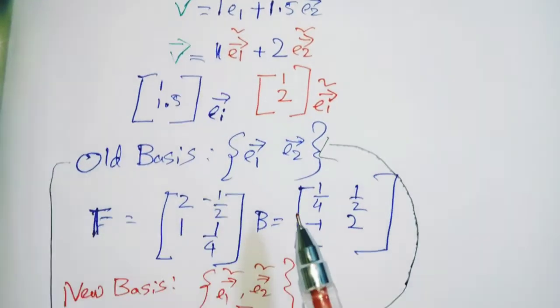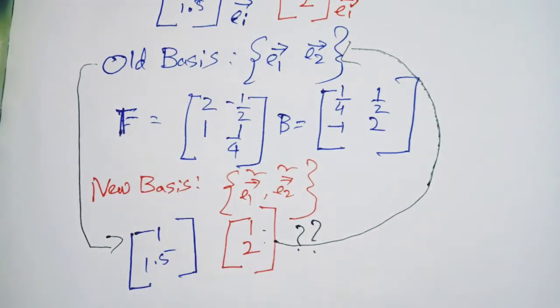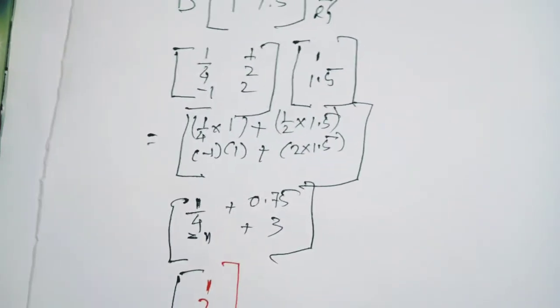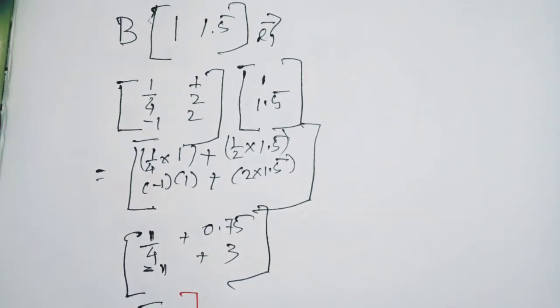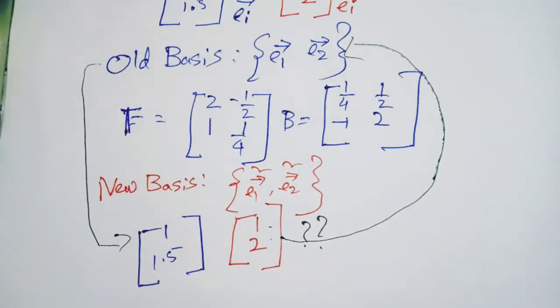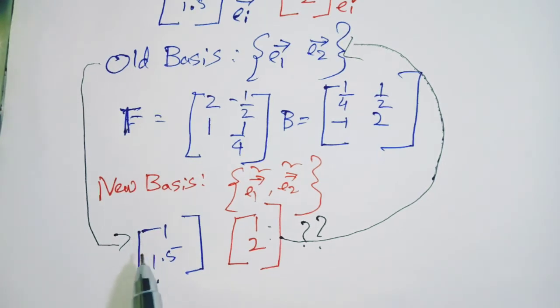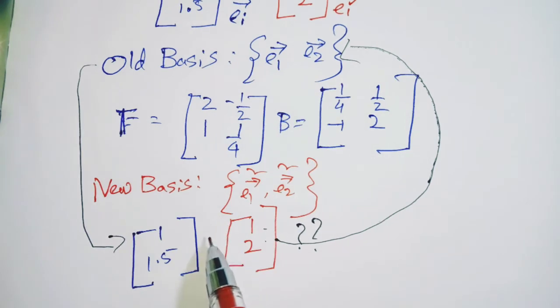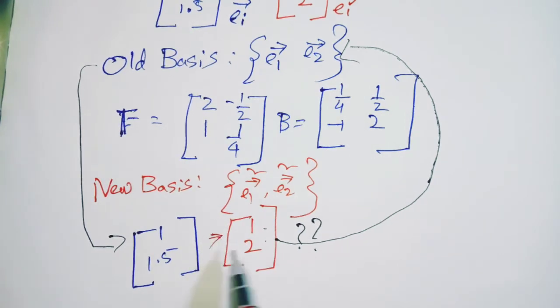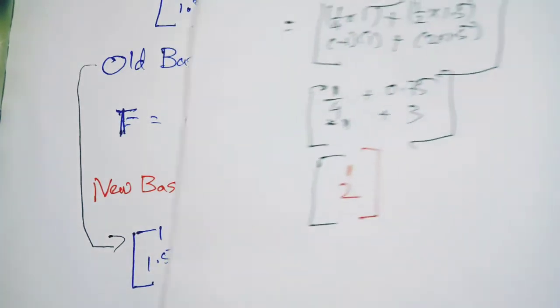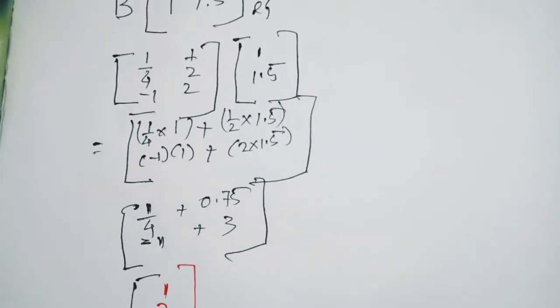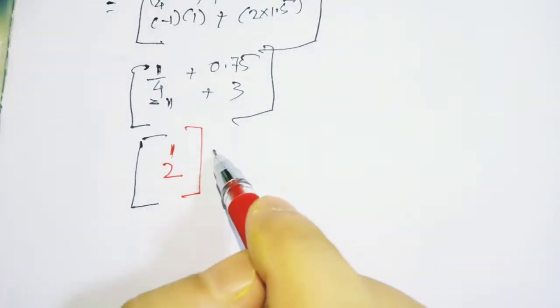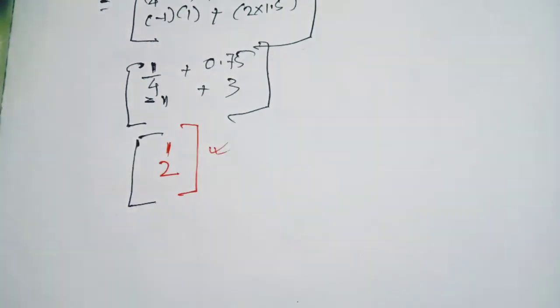How do we get 1 and 2? I have just done this. Simple, right? This is the new one. So the backward transformation multiplied with the old basis vector gives us the new one. So this is already proved, right?